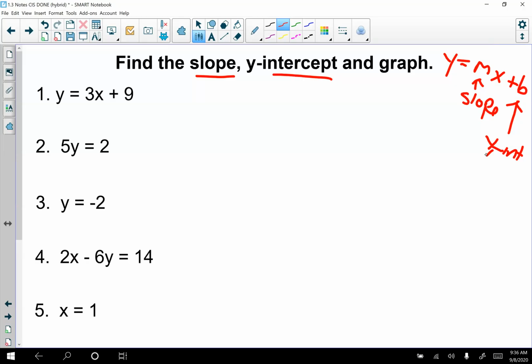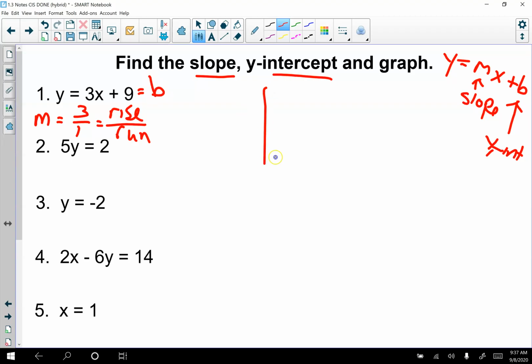And being that I'm going to graph these, I'm going to make the slope 3 over 1 as a fraction because I have my rise over run. I'm going to move through these pretty quick because this is something you should have learned in Algebra 1 and Algebra 2. And then the 9 is the b, or the y-intercept.